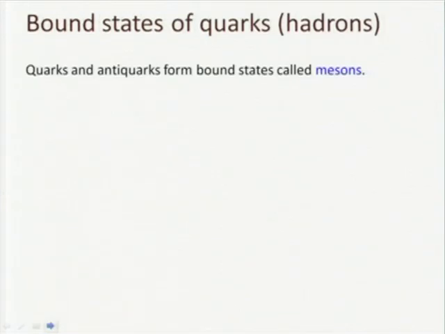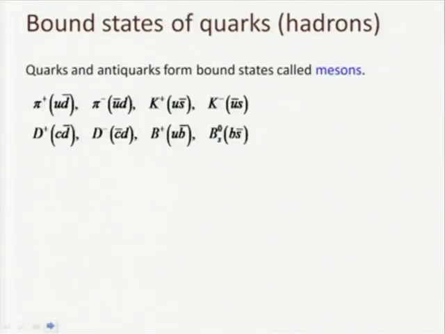So, let us come back to what we mentioned in the second slide. Quarks are not free, but are always found in bound states. Quarks and antiquarks form bound states called mesons. For example, we have the pi plus, the positively charged pion, which is made of a u quark and a d antiquark.